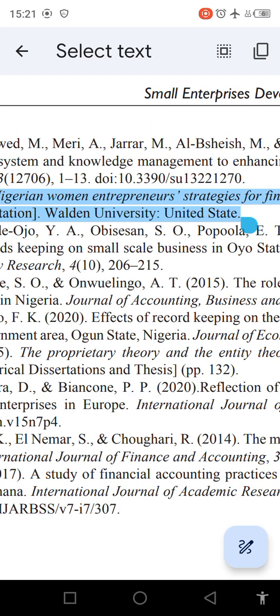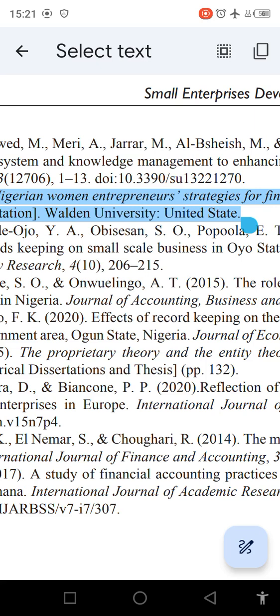I'll take that again. In a normal textbook, not book. In a normal textbook, textbooks are not published in universities, but rather textbooks are published by publishers. And then we have the states or the country where it is published.